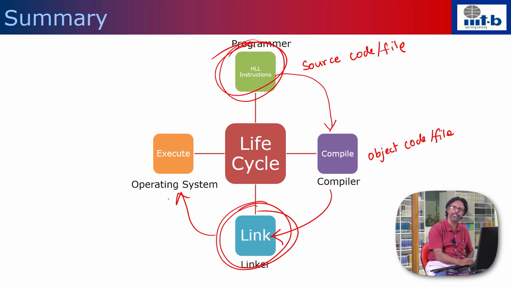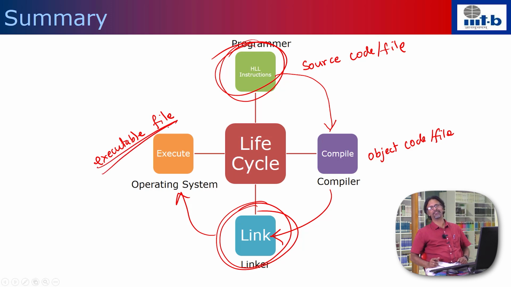And after the linking process, what you get is called the executable, or the executable file. Okay, so this is the one that the operating system understands and executes. Okay, so I hope now you have a very good picture of the life cycle of a C program.